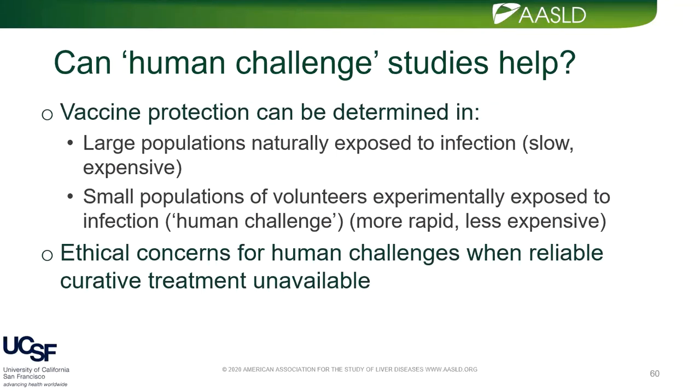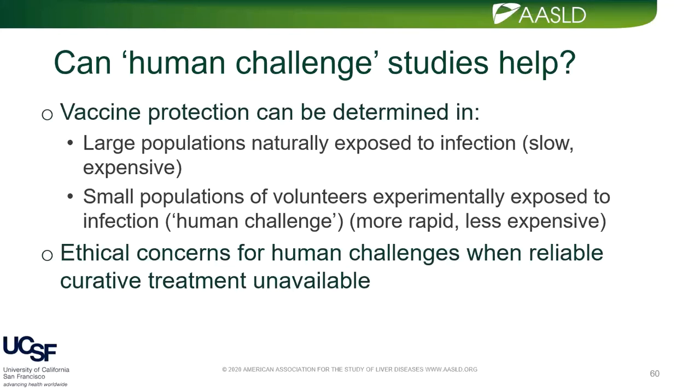A much more rapid approach, at least in most cases, is to study small populations of volunteers that are experimentally exposed to infection after vaccination or receipt of a control placebo, called a human challenge model. This is much more rapid, or can be, and is much less expensive because you don't need large numbers of subjects.